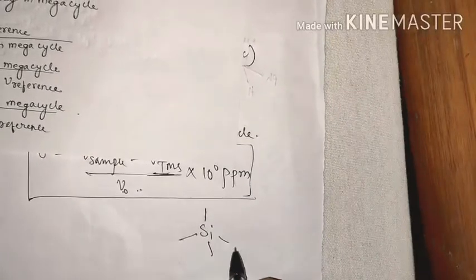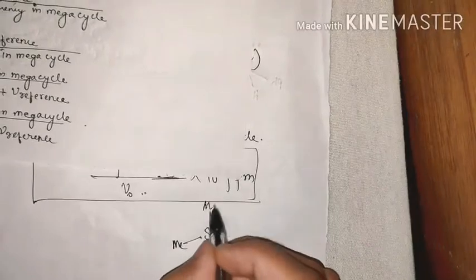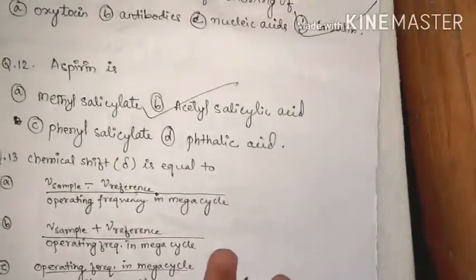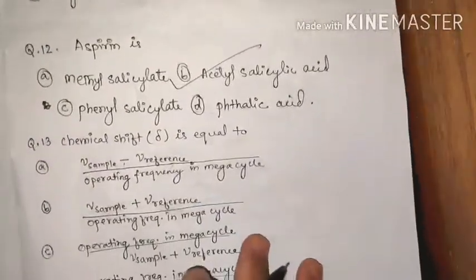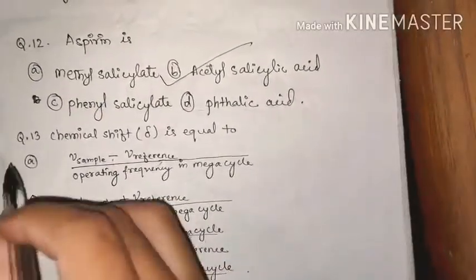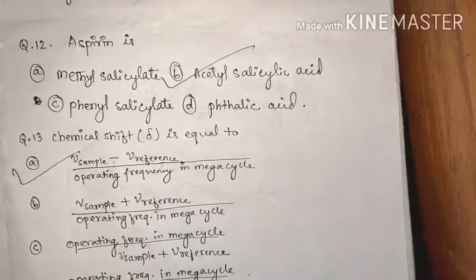These are methyl groups. That is the reference molecule that we take to find out the chemical shift. So the answer is option A.